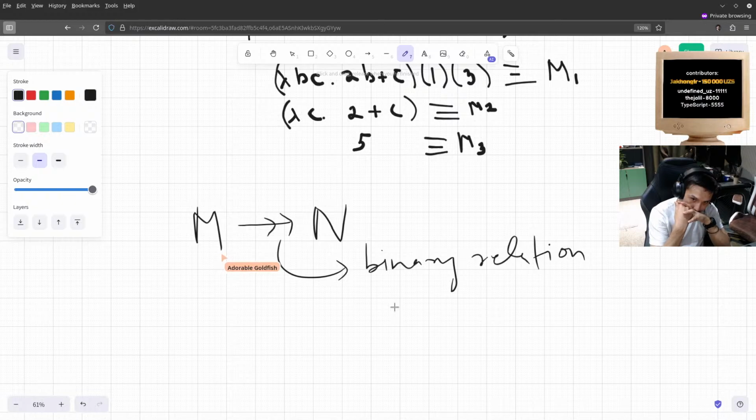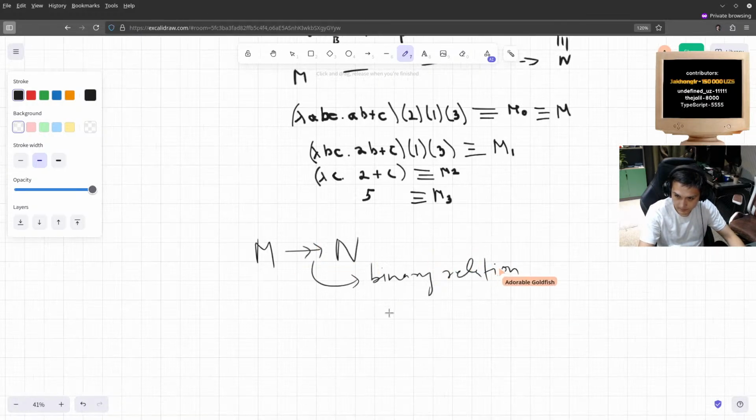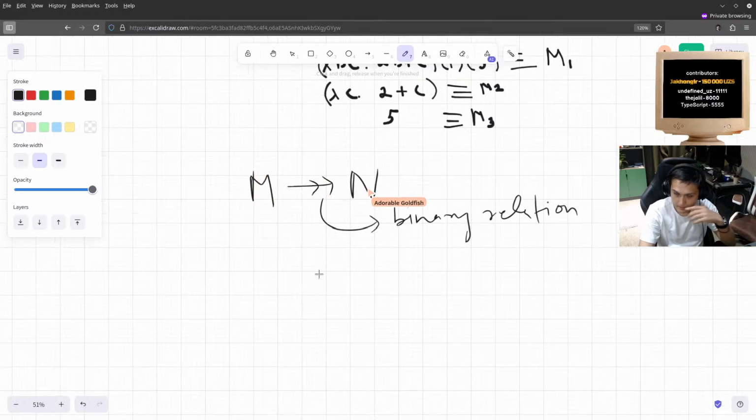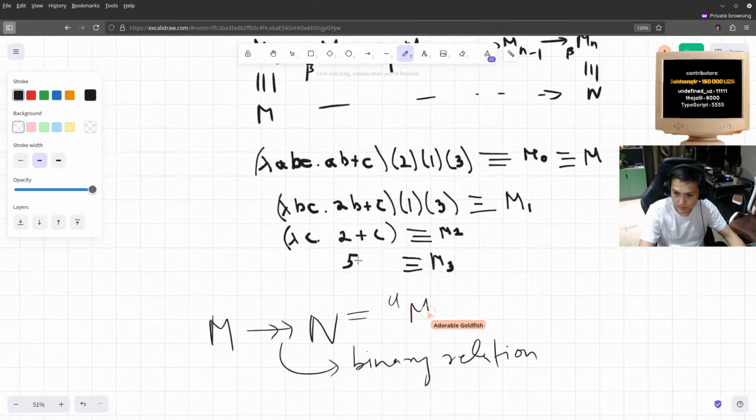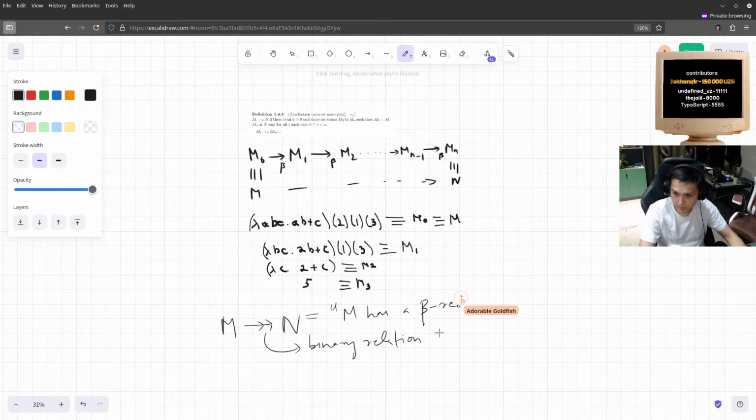We have beta reduction, which reduces one thing from another, but we are not just satisfied with functions. We want to say, if we have these beta reductions, then what can we say about these two things as a property? So this double arrow is almost like a property, just like alpha conversion is a property. This one is also a property in the sense that it says that M can be reduced to N, or M has this beta reduction relation to N. So that's a better way to read it: M has a beta reduction relation to N.